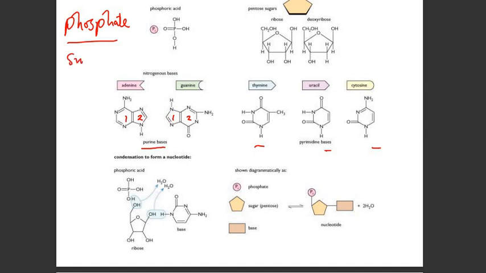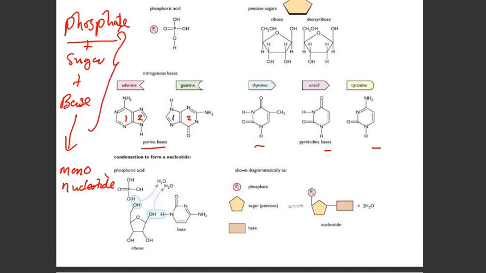So we're saying combine a phosphate and a sugar, then plus a base. What you are going to form is a single unit of a nucleotide, which is called mononucleotide, because it's just one. It's composed of these three things all the time, and we're saying they can always bond.